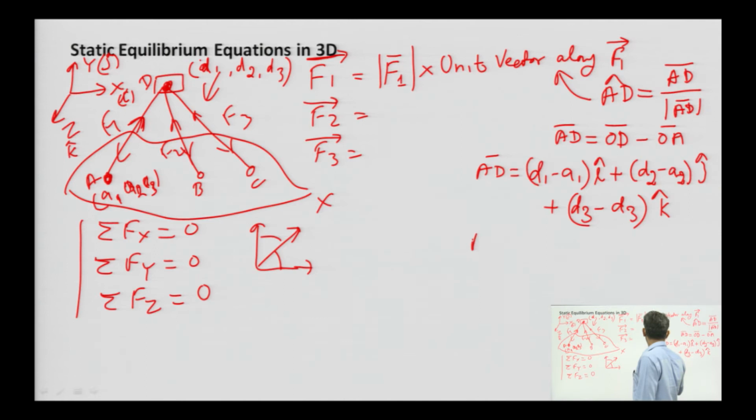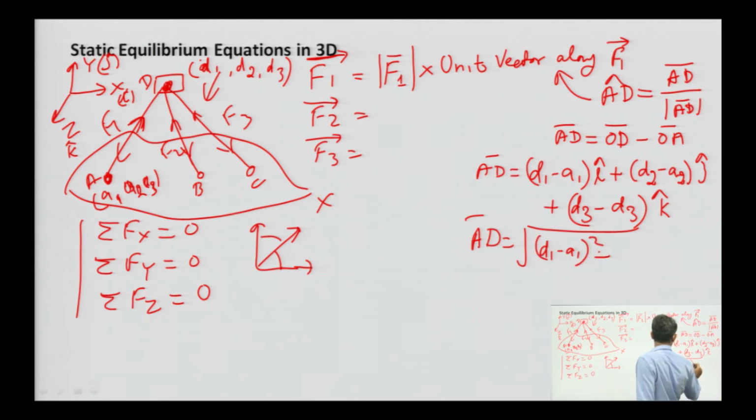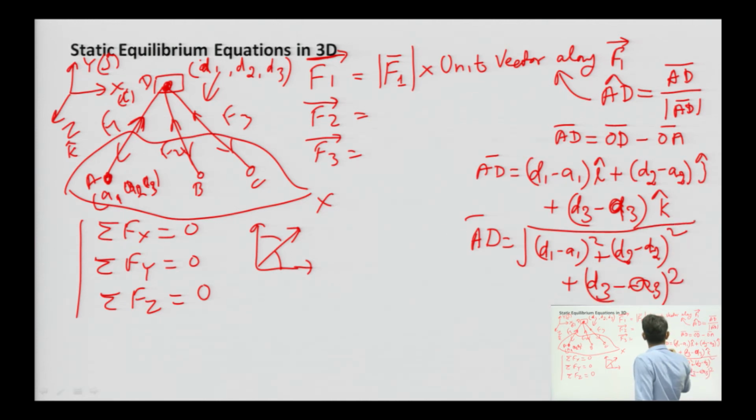And the magnitude will be the square root of (D1 minus A1) squared plus (D2 minus A2) squared plus (D3 minus A3) squared, that can be calculated. This is vector AD, and this is the mod of AD. If we know this, then the unit vector along F1 is known to us, provided we know the coordinates.